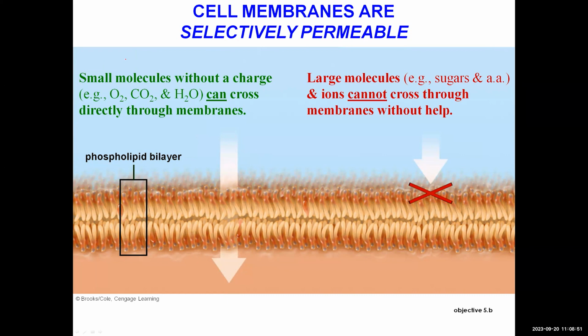So, the type of transport that's used for small molecules that are uncharged is usually diffusion. There's a really good explanation of how diffusion works in the videos posted before today's class, but I'll also remind you about how it works in a little bit. So, what are the other options?